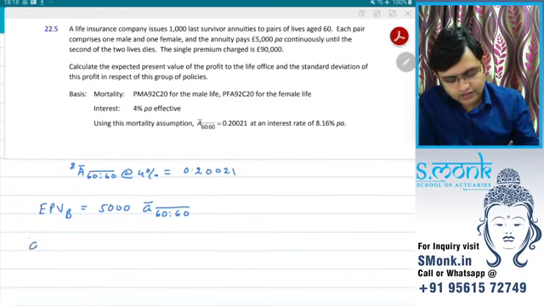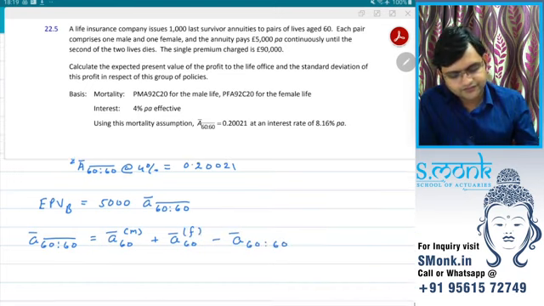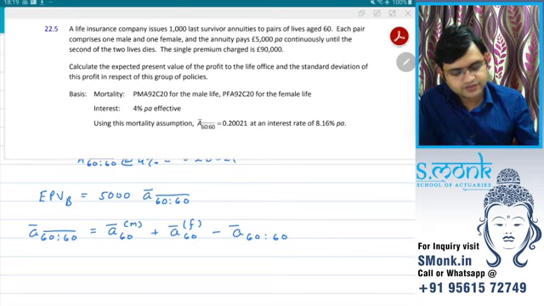So how do we calculate this? We'll say ā_{60:60} will be equal to ā_60 for male plus ā_60 for female minus ā_{60:60} joint life. With the bars, what happens is we will subtract half in each one of these.